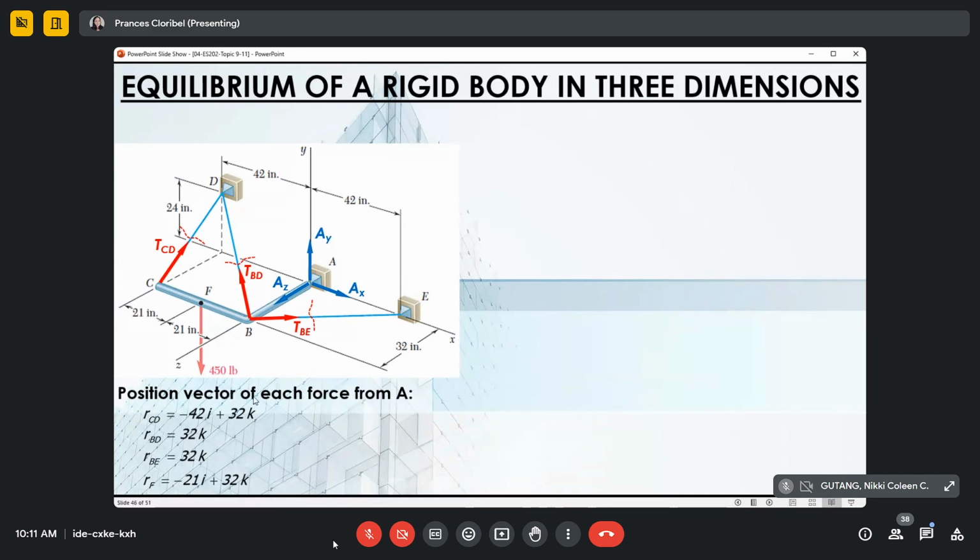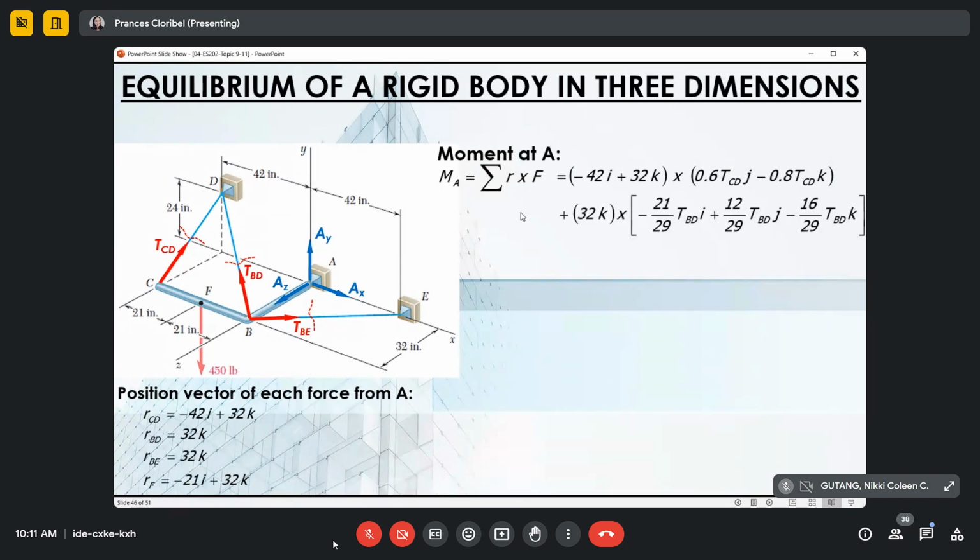Next, we have the position vector and the force vector. So we can now solve for the moment at A by summing up the position vector cross the force vector. Position vector for our CD times the force vector. Next, BD, position times force vector.